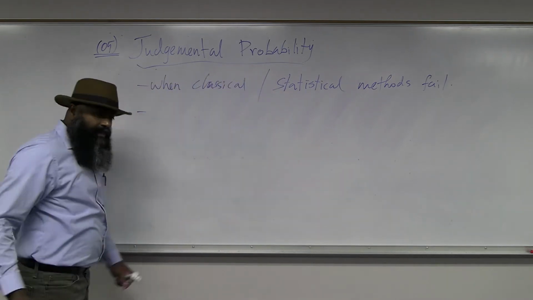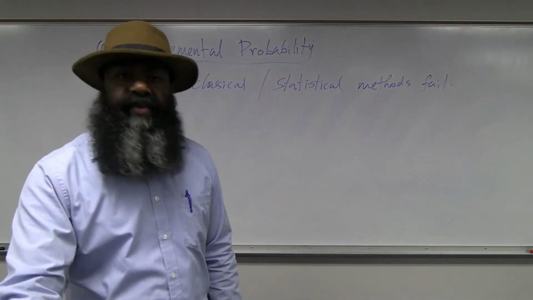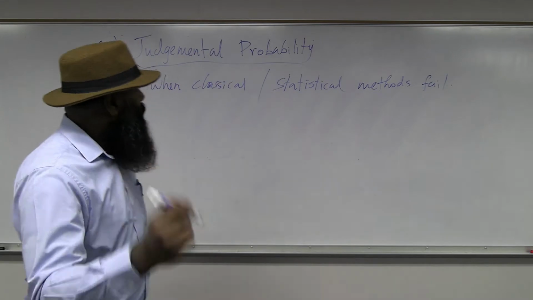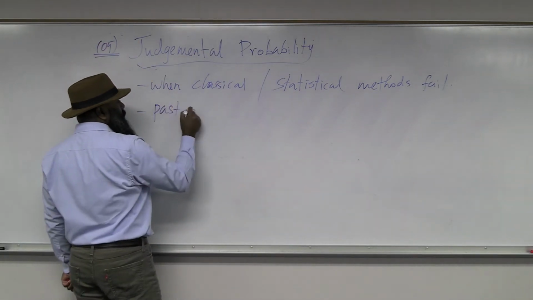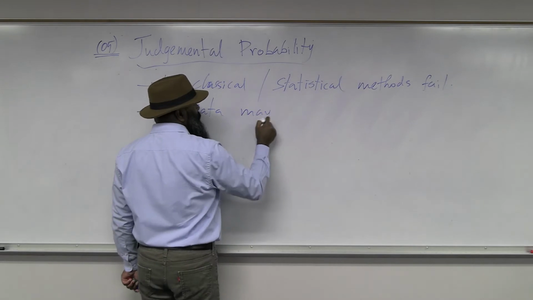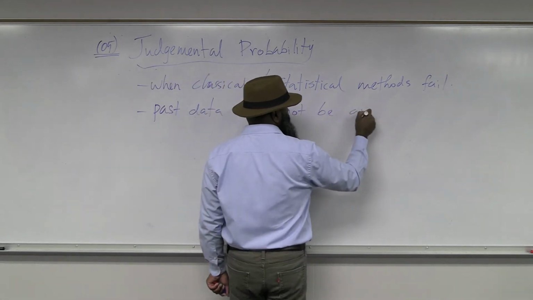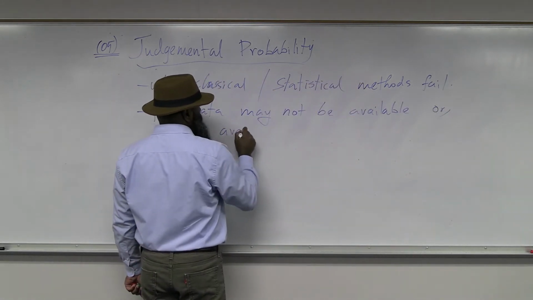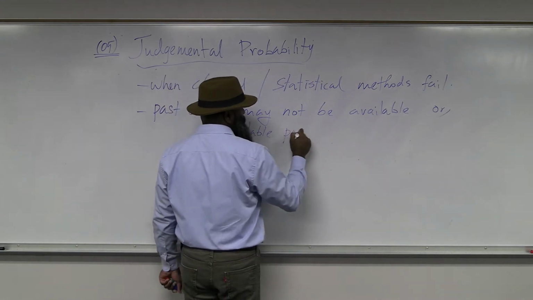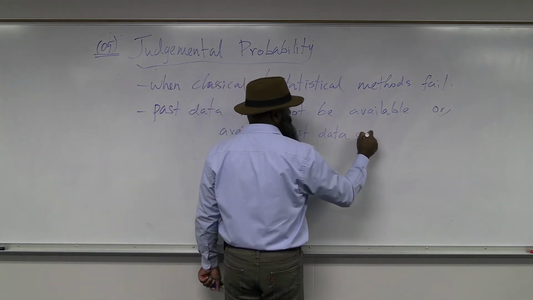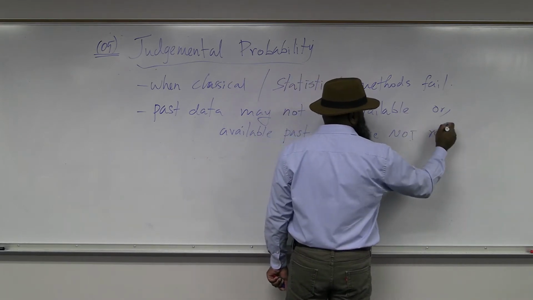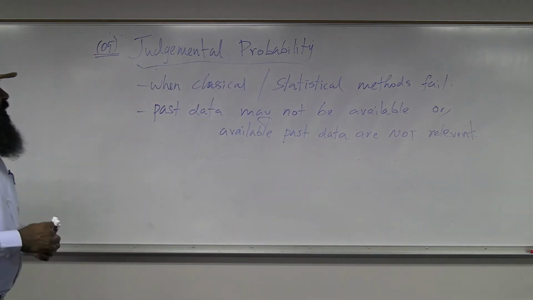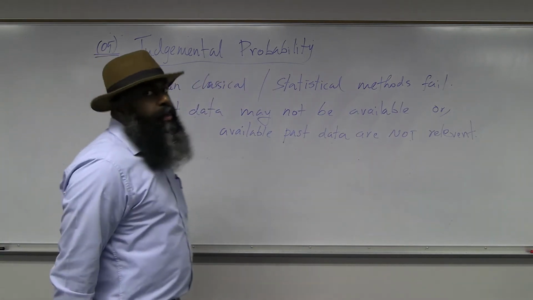And the past data may not be available, or the available past data may not be relevant. Well, in that case, how shall we figure out the probability for a certain event?